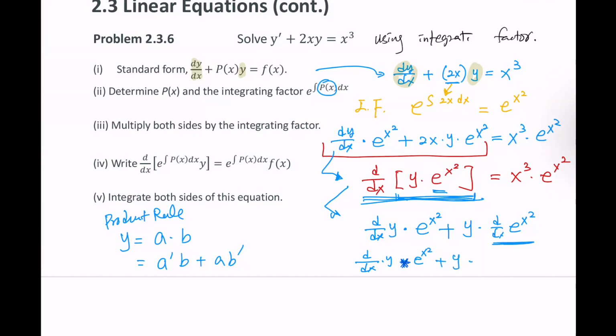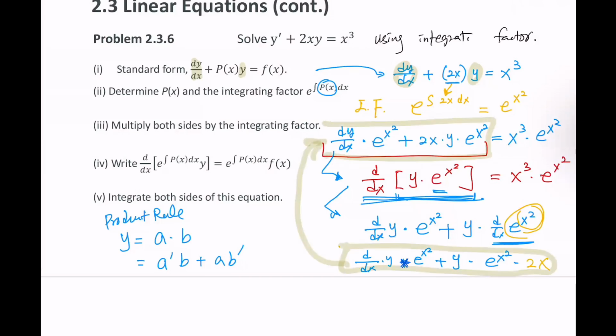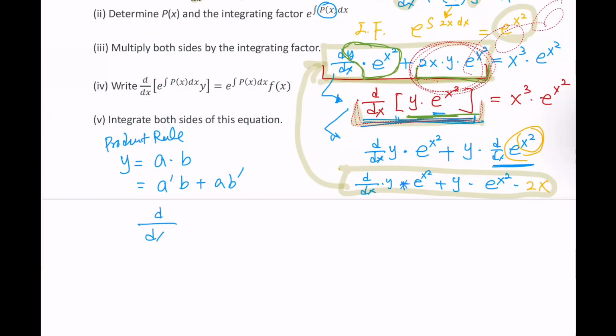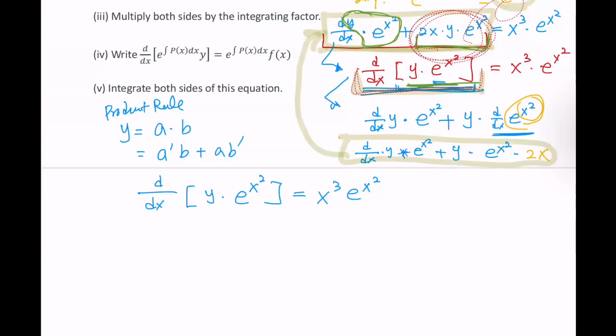When we differentiate this, it's e to the x squared times the derivative of the inside, which is 2x. Now if you compare this whole thing with this one, they are the same. You copy down from there. This is, again, just one technique to solve the differential equation.